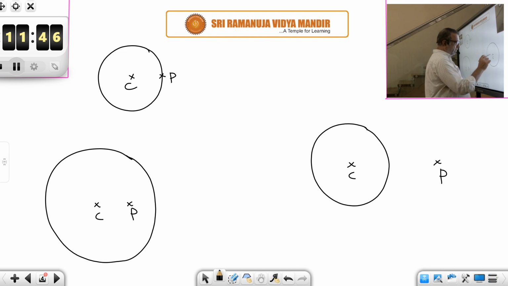So here Cp is this length, whereas R is up to here only.